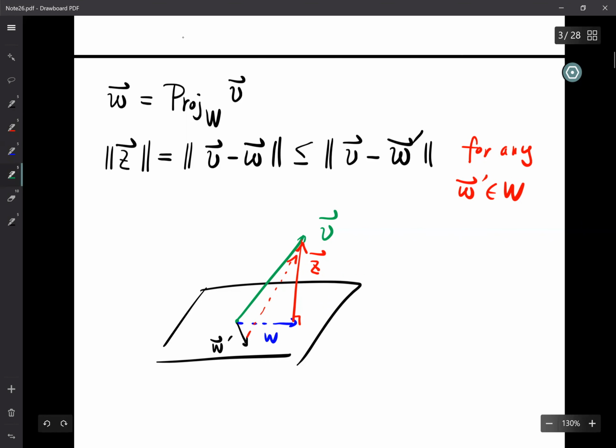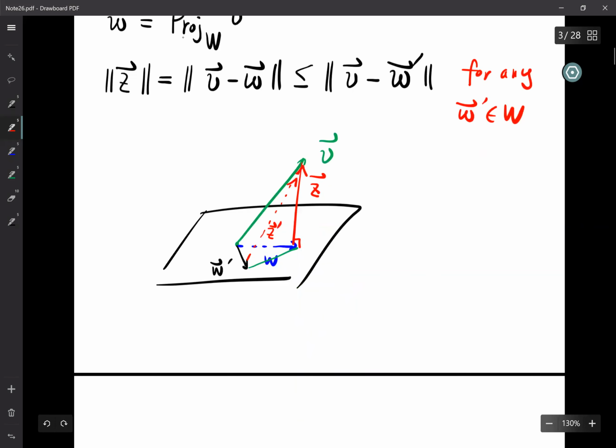By Pythagoras theorem, the length of Z will be less than or equal to the length of this Z prime. And that's literally the idea.